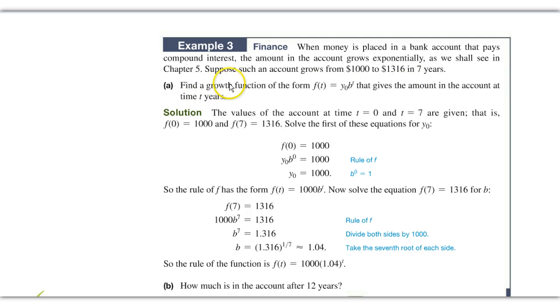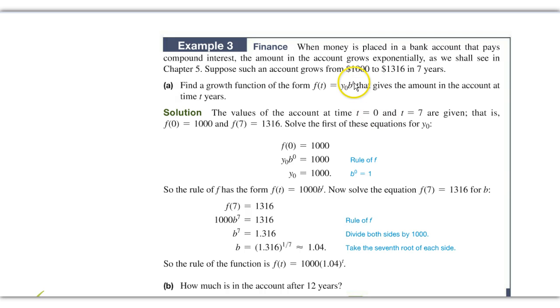Well, we have the growth function in the form where T is time, Y sub 0 is our beginning amount, and then B would be our actual rate of interest that we're going to raise to our exponent here. So in a sense, we have two exponents that we're going to deal with. At 0, that is when we start, that would be our time, and then 7 years later, which is given there.